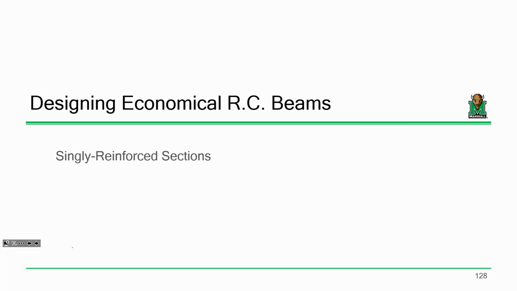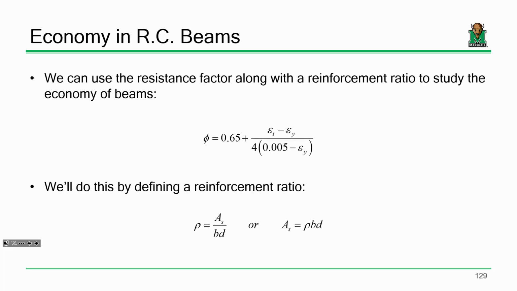The other, what if we do know what the cross-section looks like? A lot of times in concrete design, you're using very typical standard molds, and the only question is how much reinforcement needs to go inside those molds. So we're going to do both methods back to back.